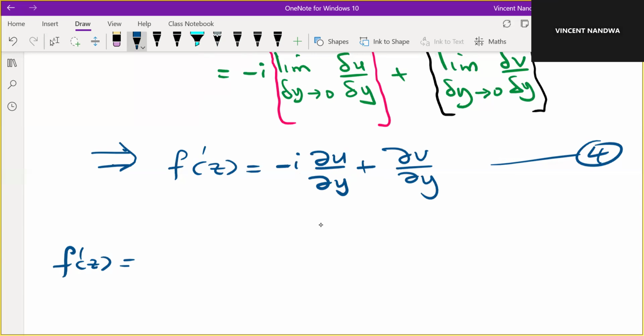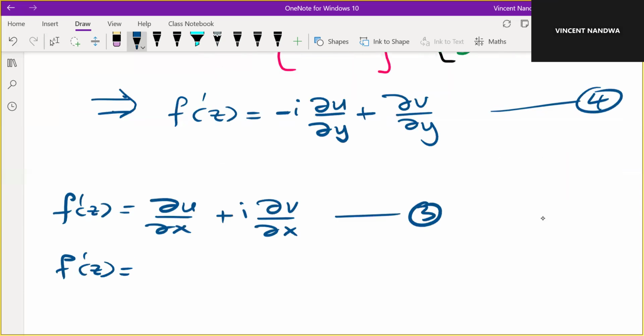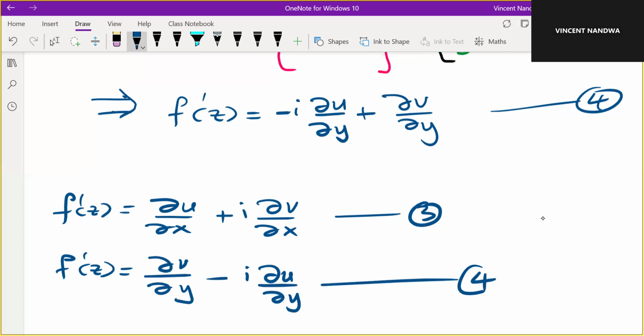Partial u over partial x plus i partial v over partial x, correct. So this was equation 3. And here, equation 4, we are saying f prime of z is given by partial v partial y minus i partial u partial y.